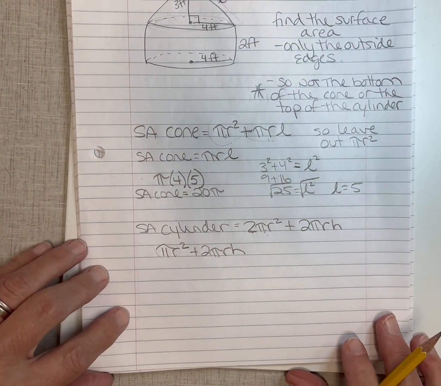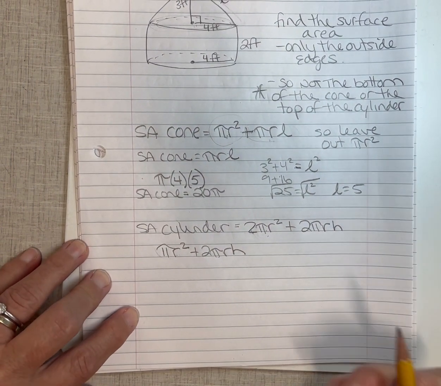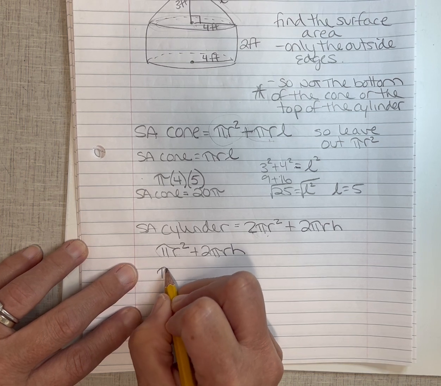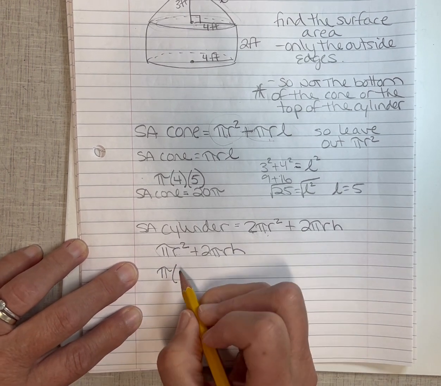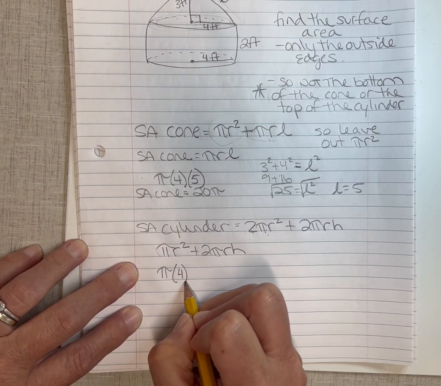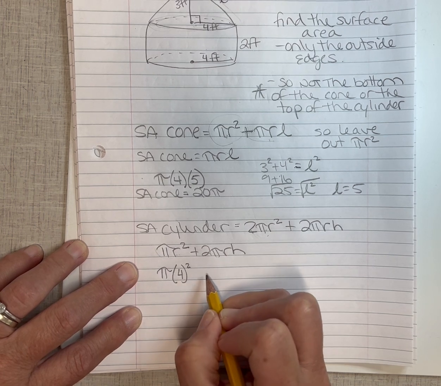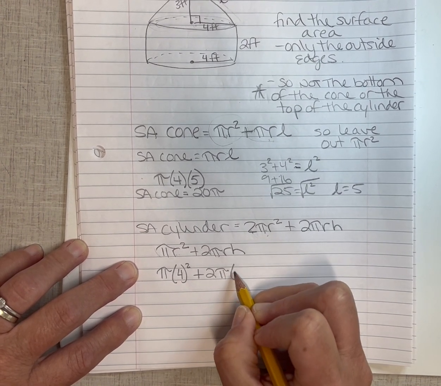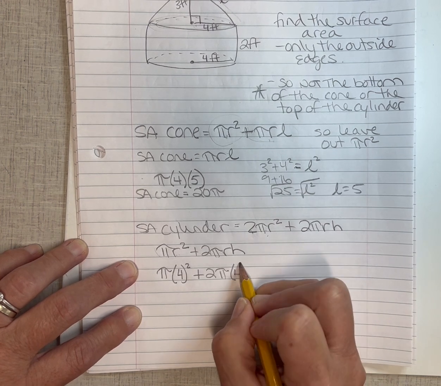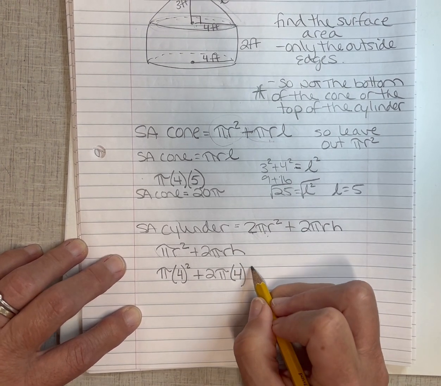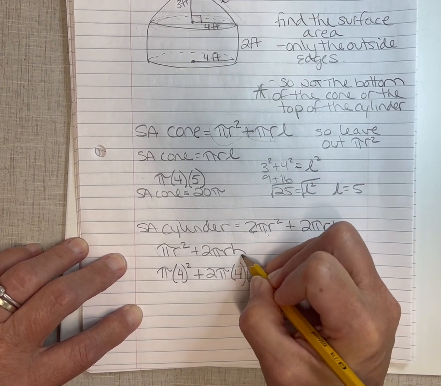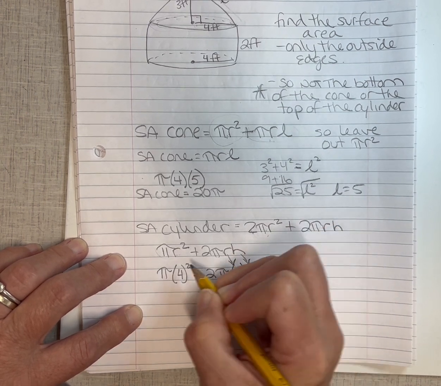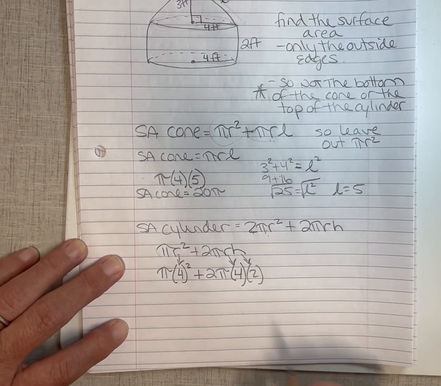All right, so let's plug in what we know. So we have pi, the radius of the cylinder is 4, so pi times 4 squared plus 2 times pi. The radius again is 4, and the height of the cylinder is 2. So the height is 2, the radius is 4. Okay?